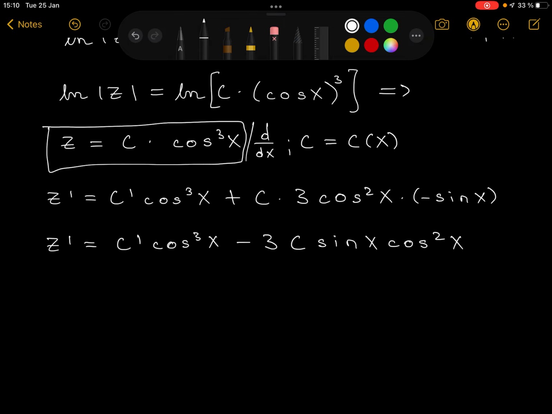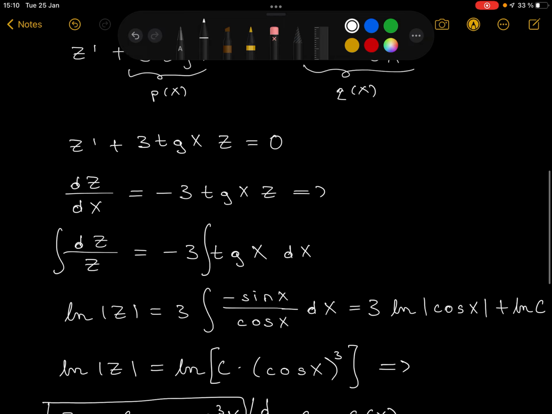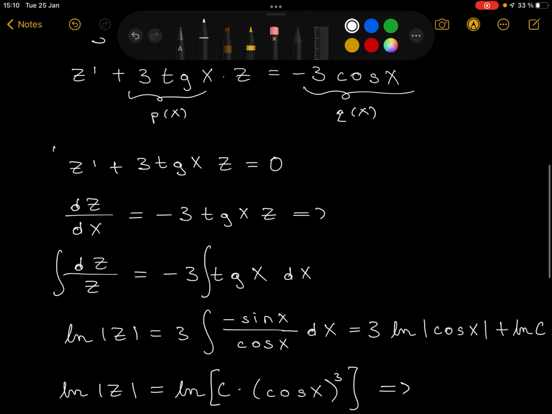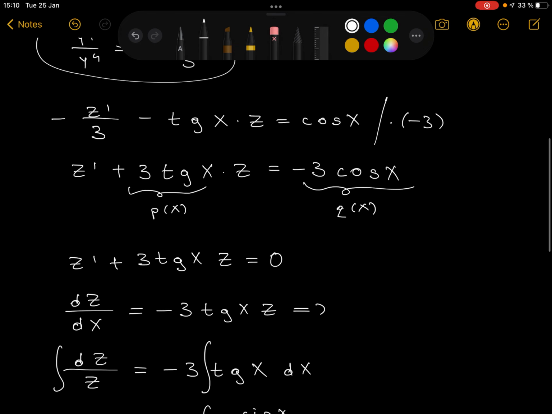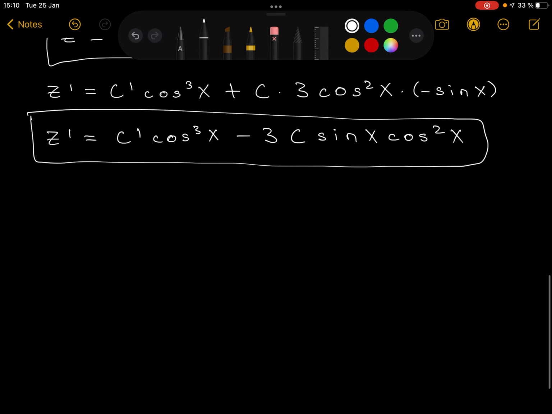Great. Now that we've got these two values, we'll plug them back in to this form of our equation.